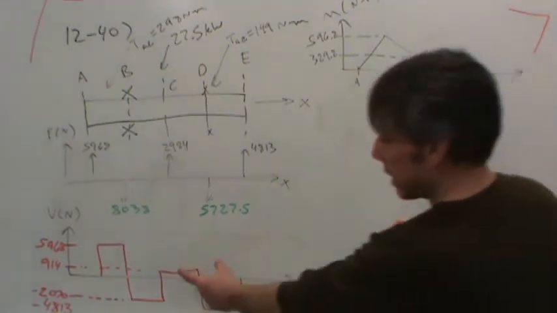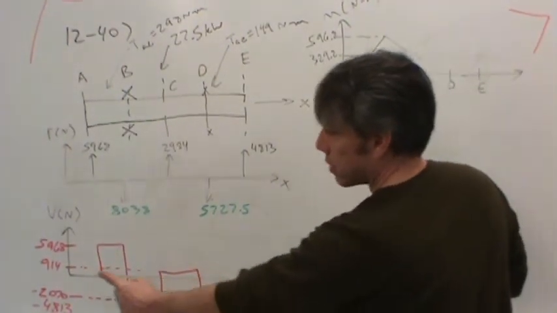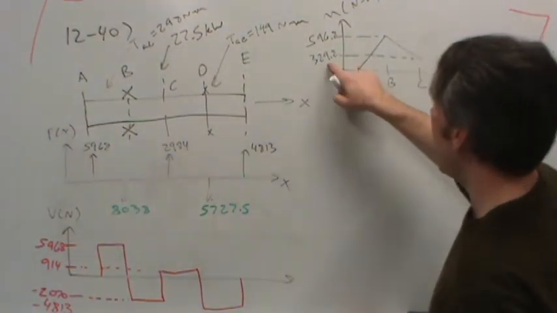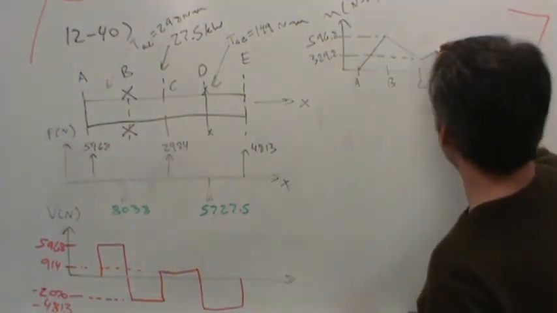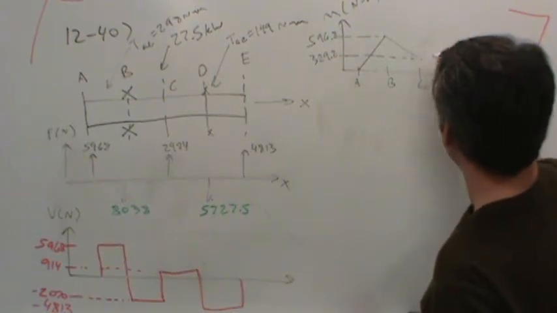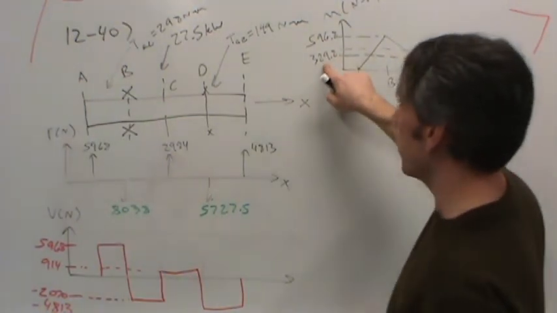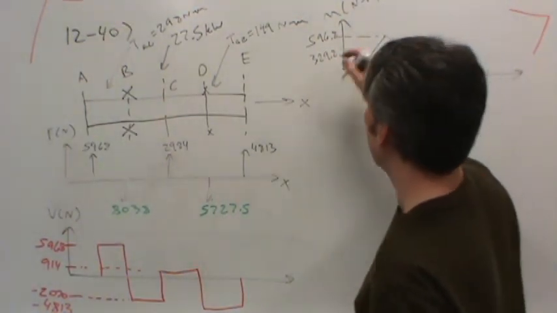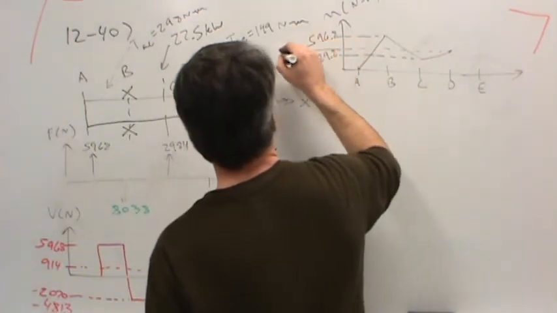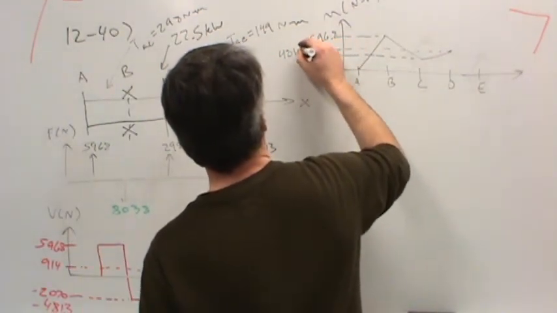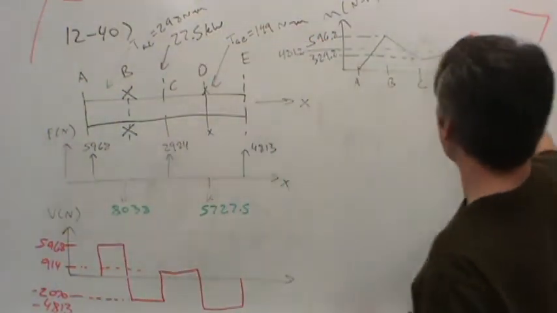Okay. And so then we get to add a little bit more positive area. That's 914 times a tenth, so 91.4 added to this brings us up a little bit. So what does that bring us up to? Just add 91.4 to 389.8. 481.2. Okay, so now we're up at... you know what?